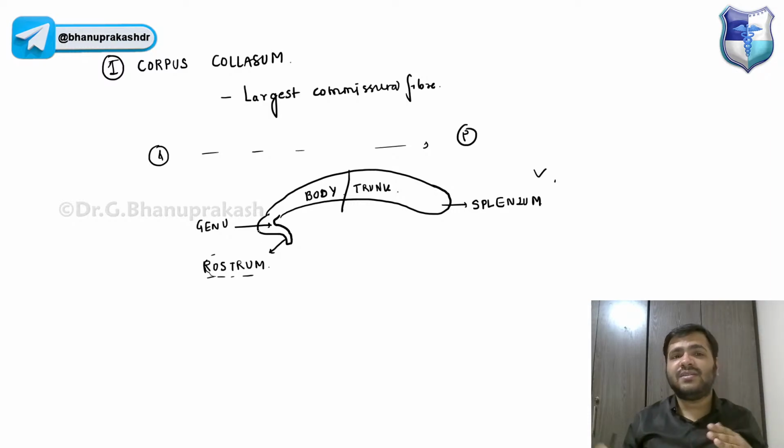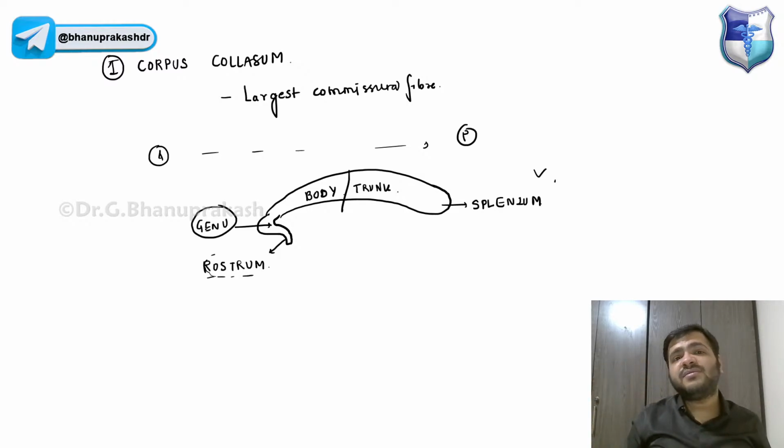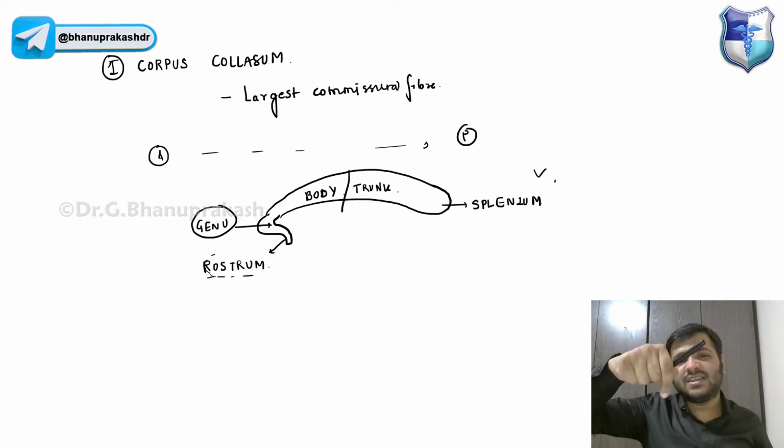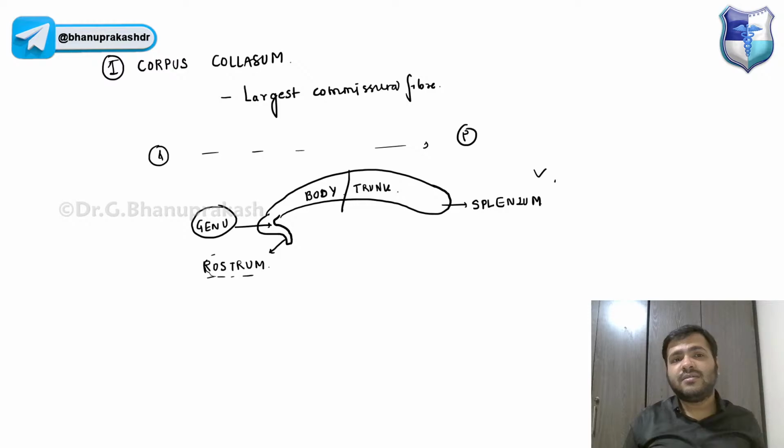So during development it is in front, but later on it goes down and backward. So the genu becomes the most anterior part. What is bulging out at the very front? It is the genu only, right? So remember, guys, rostrum is not the anterior part. It develops anteriorly, but going down it turns posteriorly down. So what comes to the front? We have the genu part, right? And the most posterior part is the splenium.